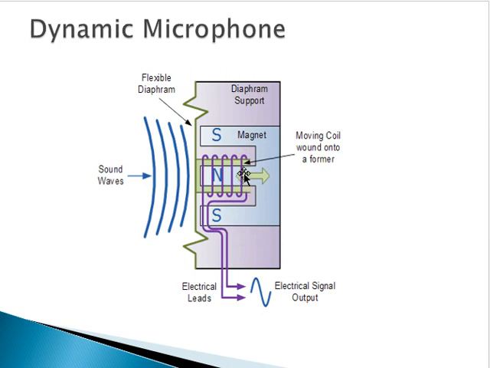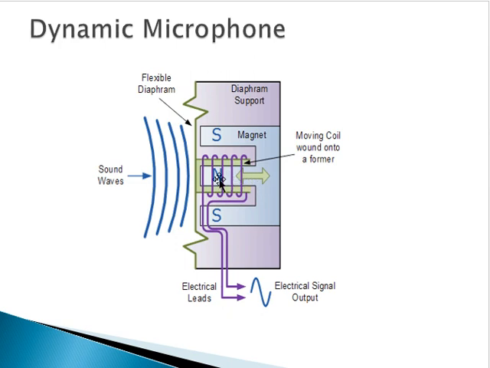That's why the field can be called stationary, and this moving coil is changing its position towards this direction or this direction due to the diaphragm, and the diaphragm is changing its position due to these sound waves. Again I am repeating, whenever we are speaking, the diaphragm will move like this, and the moving coil will also move.